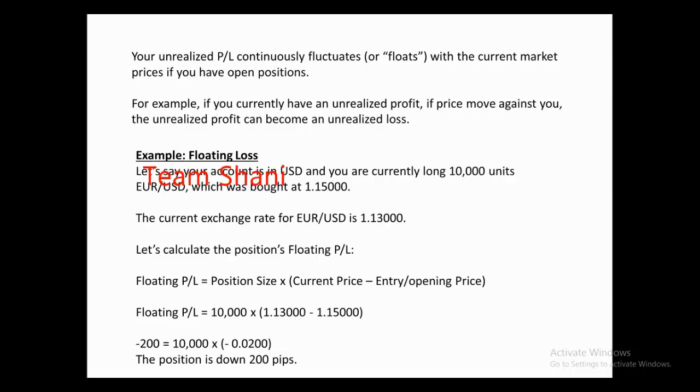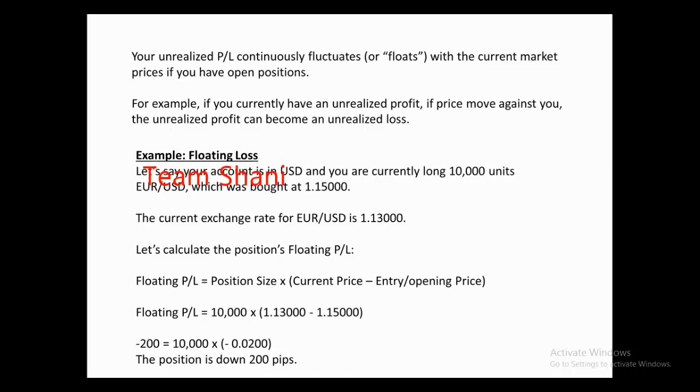So unrealized means just to categorize both, actually. Unrealized profit is still open and the profit and loss is moving up and down. Either it is in loss or it is in profit, it is showing to you. Because you have not closed the trade, it is still showing as unrealized profit and loss, right?